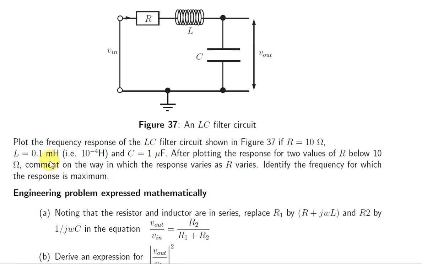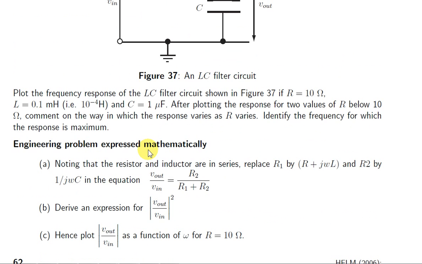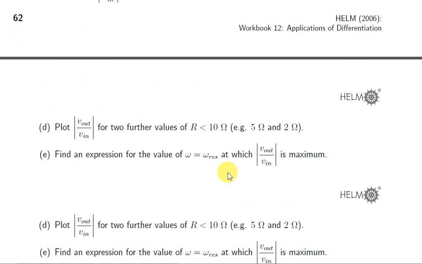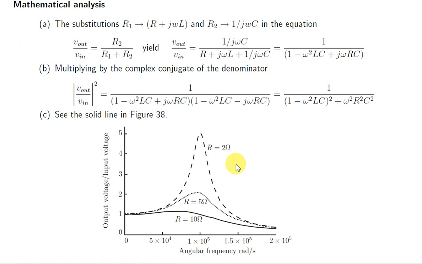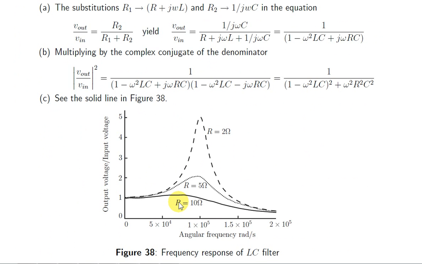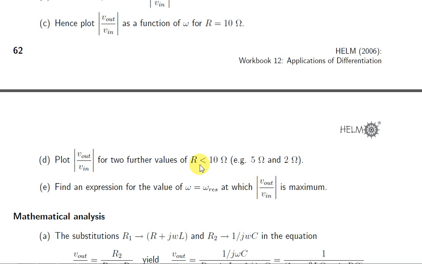So we're going to plug those values in for L and C, and 10 in for R. Then V out over V in is a function of omega, with L, C and R constant values. We will also see a plot for 2 other values of R, smaller values this time, 5 and 2 ohms.